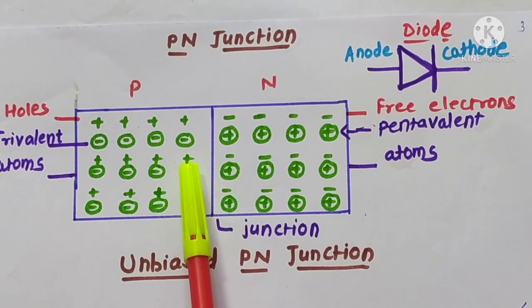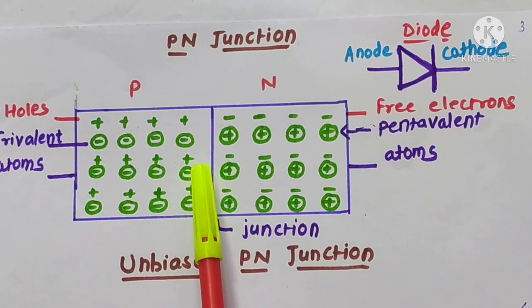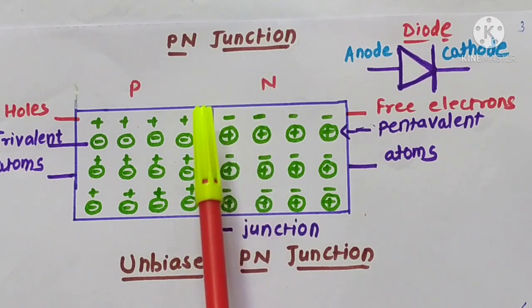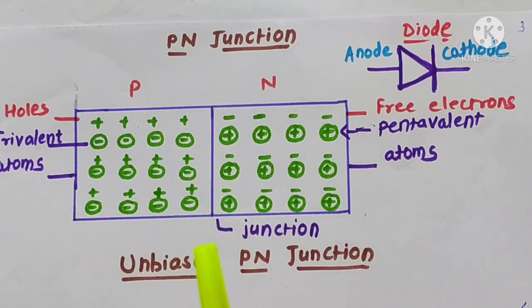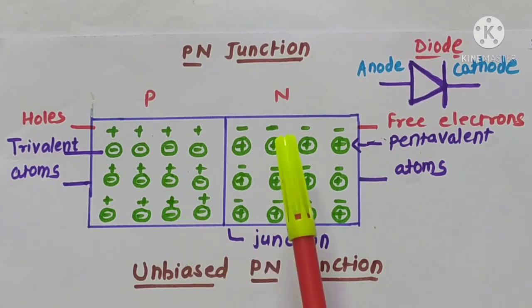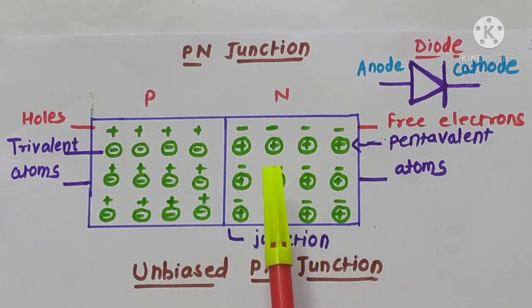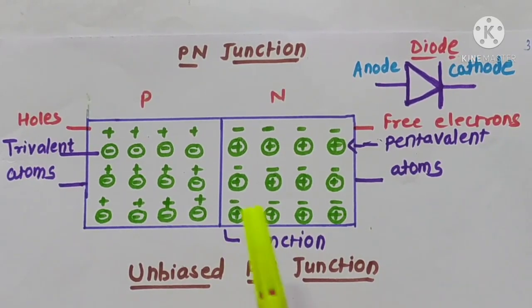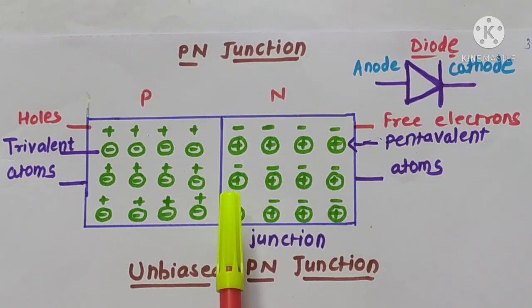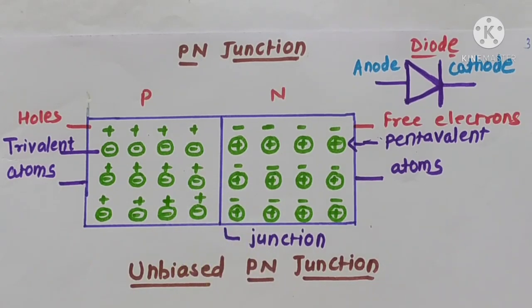Due to recombination of holes and electrons near this junction, there are hardly any free charge carriers near the junction.